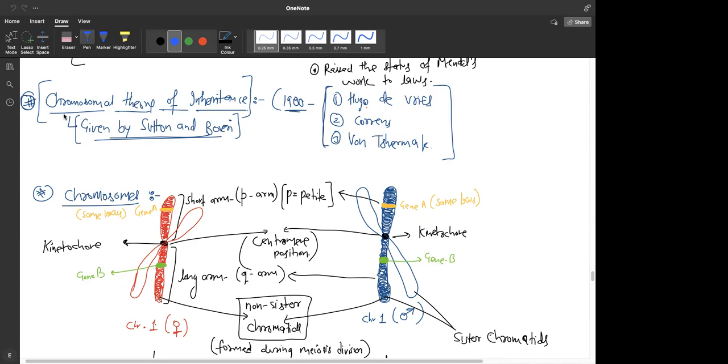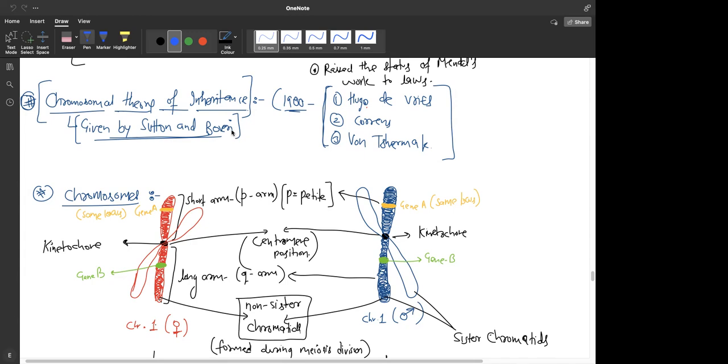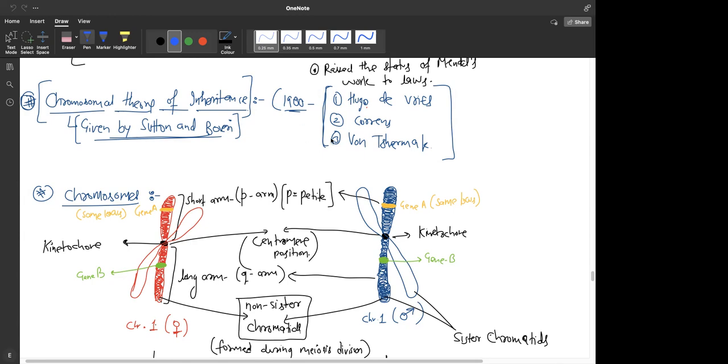Okay, let's start. This theory was given by two scientists, Sutton and Boveri. They did it individually, at the same time but in different places, which means not together. They independently figured out this thing. And what about these scientists? Why were they important?